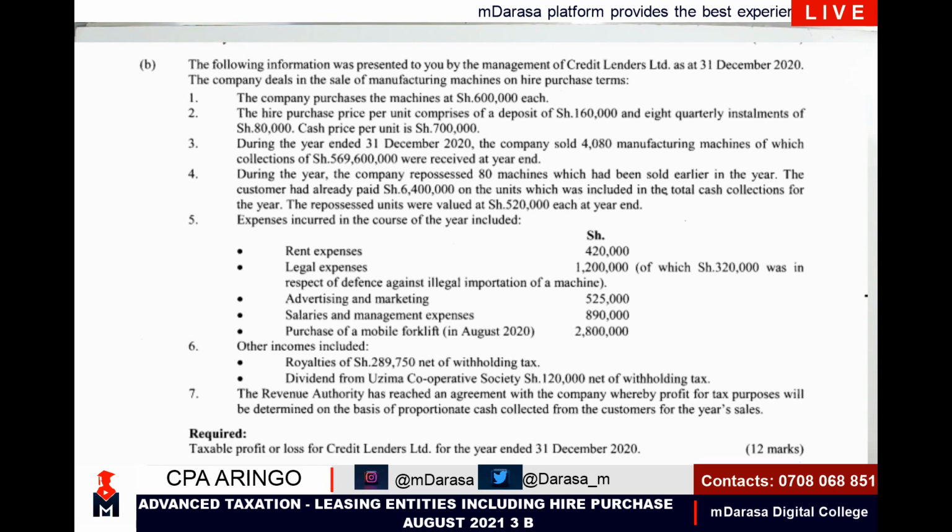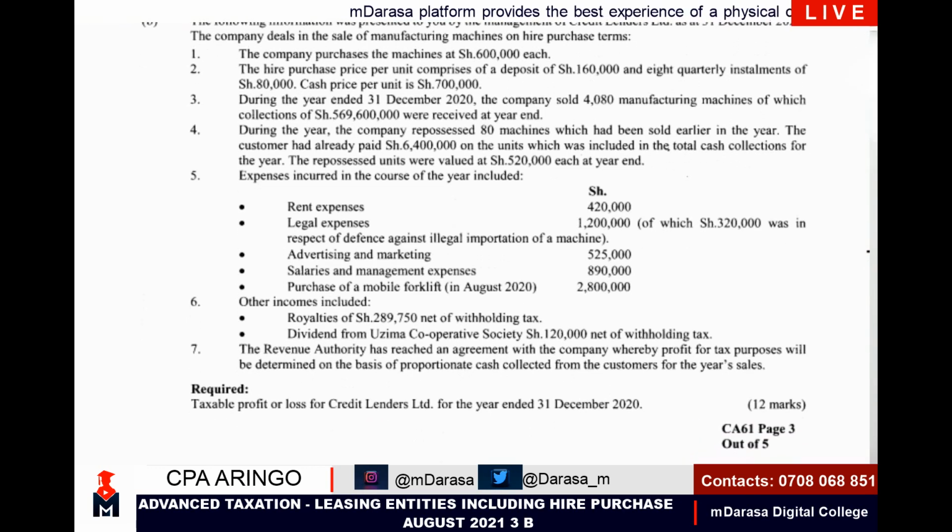Then note 7, we are told that the Revenue Authority has reached an agreement with the company whereby profit for tax purposes will be determined on the basis of proportionate cash collected from the customers for the year's sales.